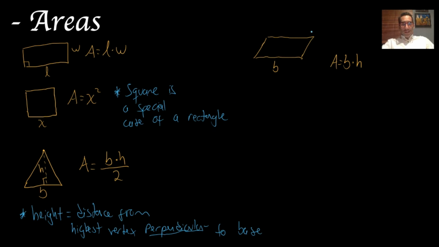Remember the definition: the distance from the highest vertex, and I can take this vertex or this one, they are on the same line, perpendicular to the base. It's as if you project the base here, and this distance is the value of the height. That is the height we need to find the area of a parallelogram, okay?